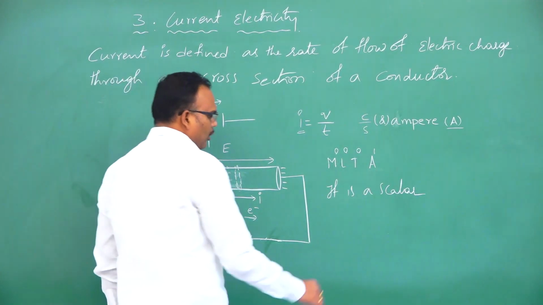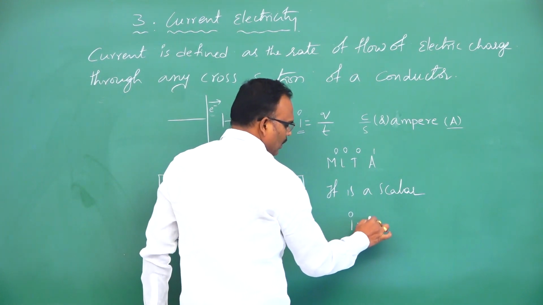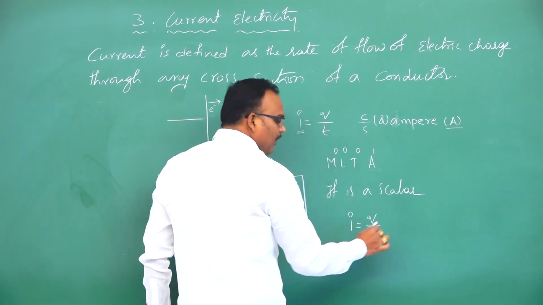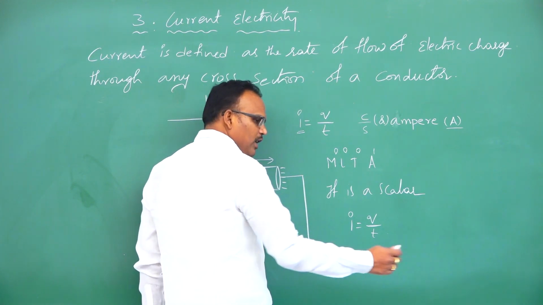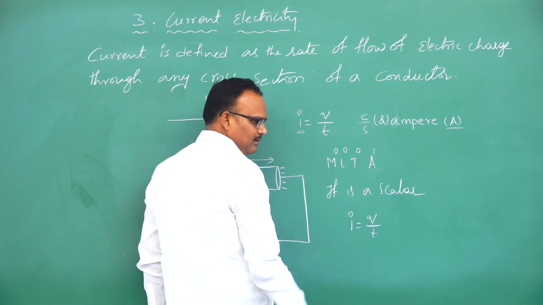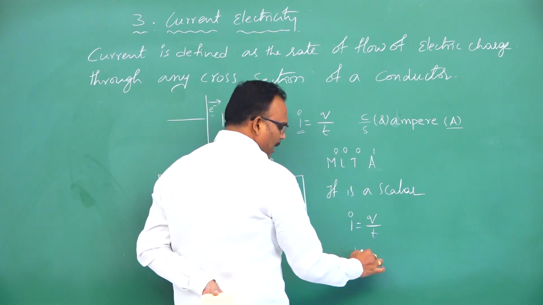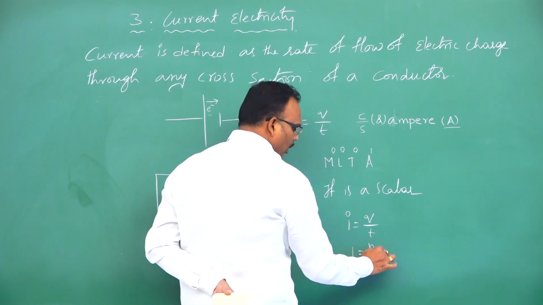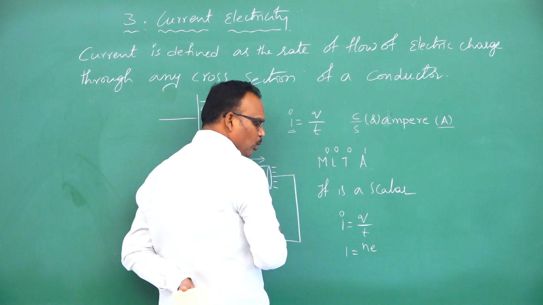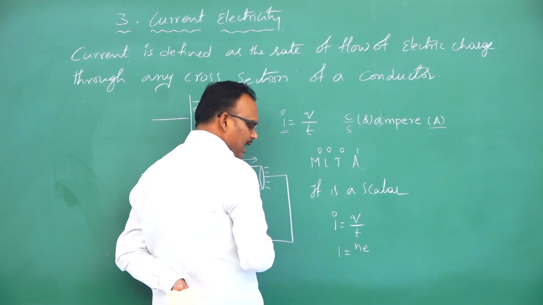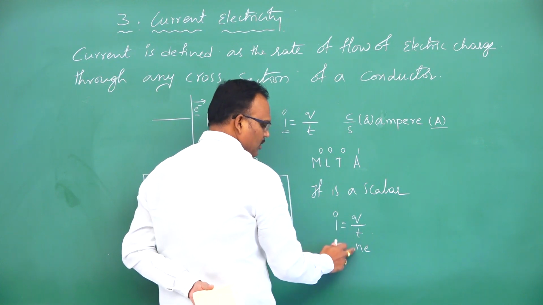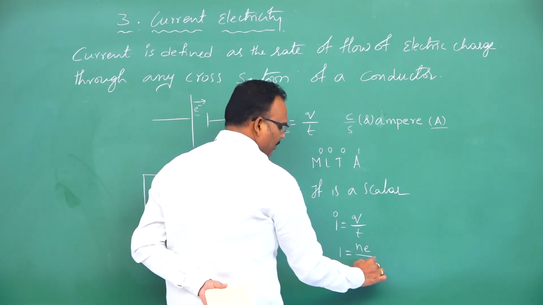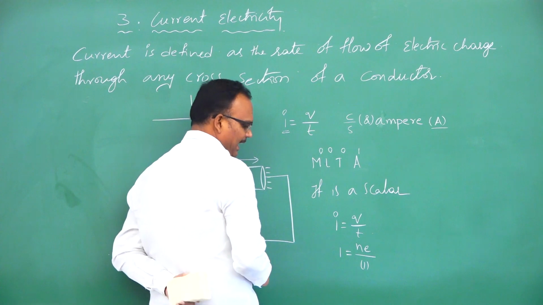See, I is equal to Q by T. The number of electrons flowing through any cross section in unit time that contributes 1 ampere. So if the current is 1 ampere, then the number of electrons flowing through that cross section of a conductor I can calculate by using quantization of charge. Q is equal to N E divided by 1 unit time, 1 second.